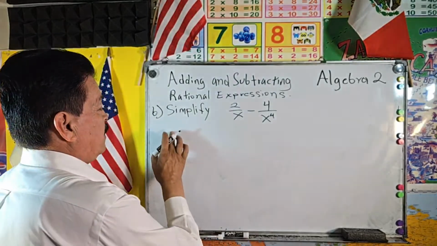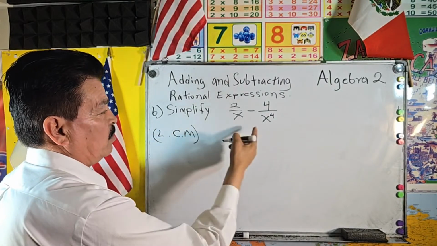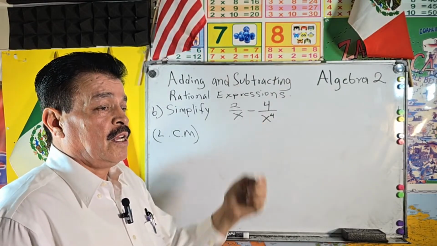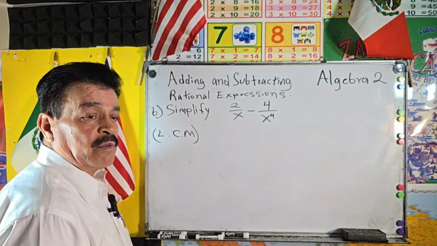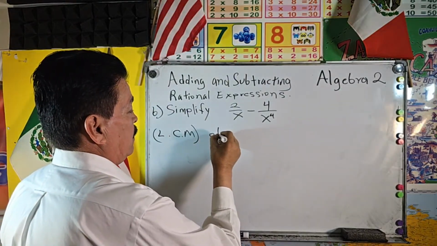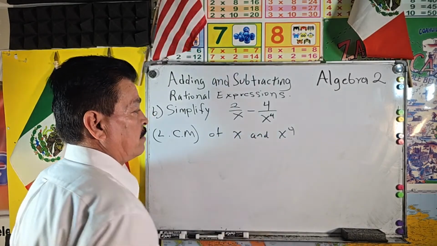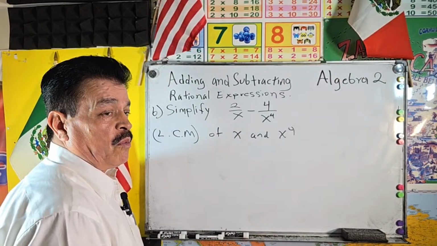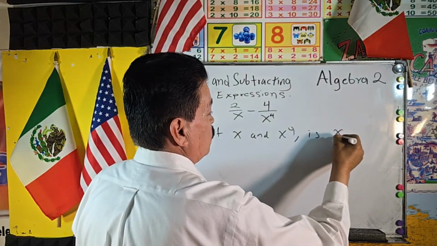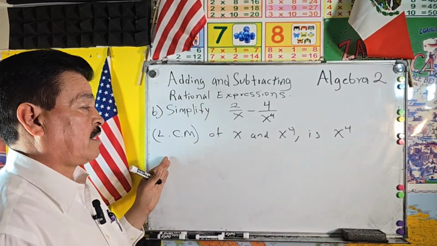Before, we have to find the least common multiple. What is the least common multiple of x and x to the 4th power? The least common multiple of these is x to the 4th power, right? So that's our first step.